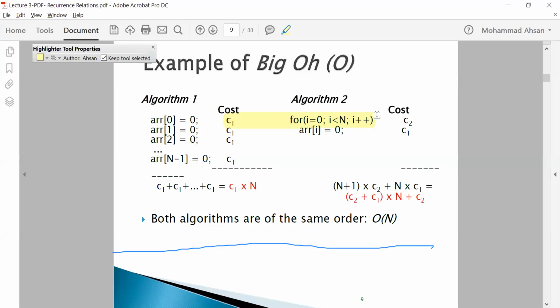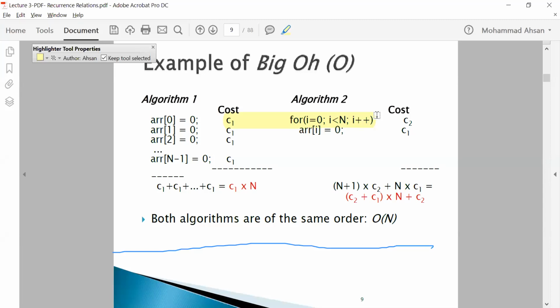So you are checking the first time you enter when i is equal to 0, and when i is equal to n, which is the exit condition, that time also you are checking. So it is one more than n. So n plus 1 times the cost of the for loop, whatever things we are checking there, plus n times C1.